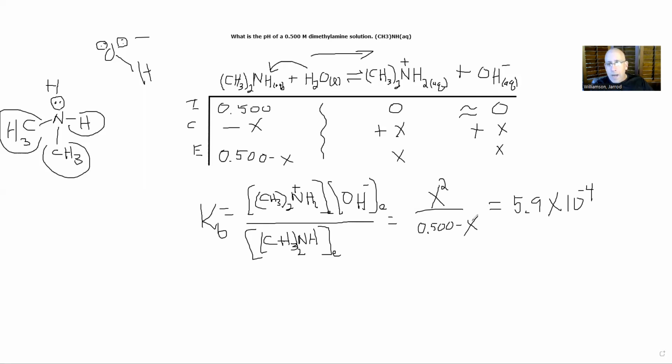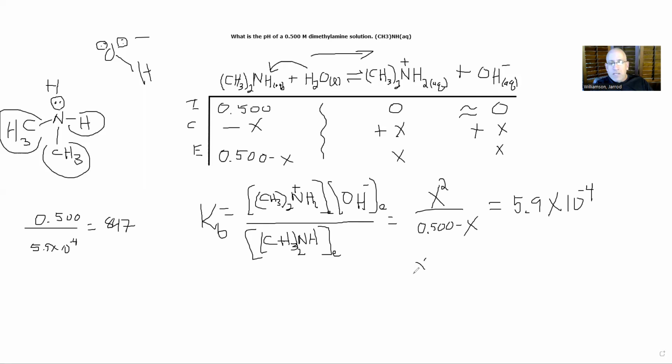Well, that gives me a quadratic equation, but 0.5 divided by 5.9 times 10 to the minus 4, I calculated that to be 847. That's greater than my criteria of 400, so I can use the x is small approximation.